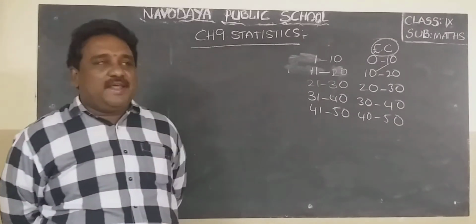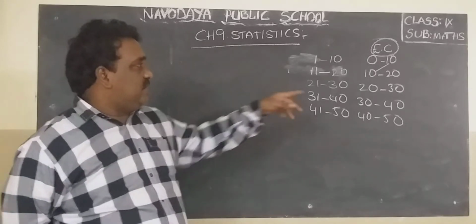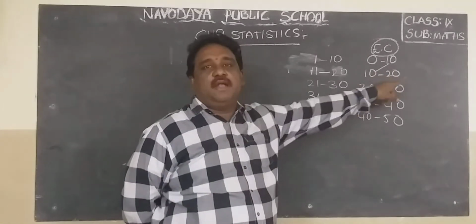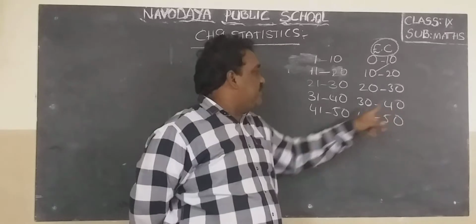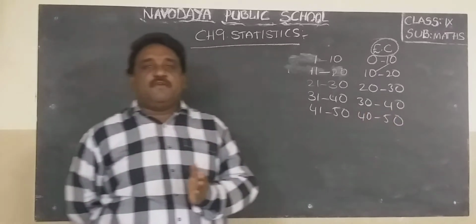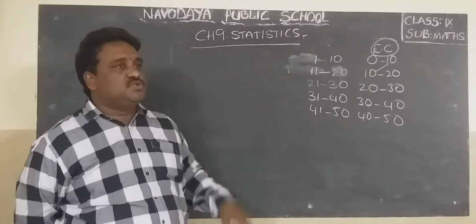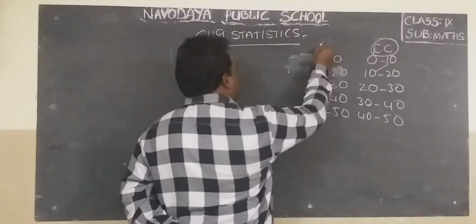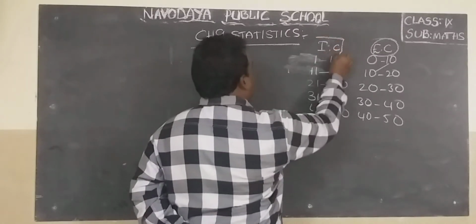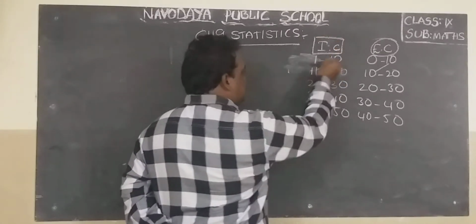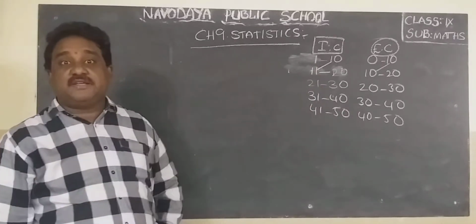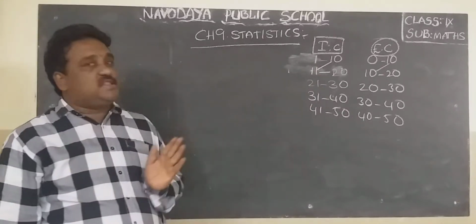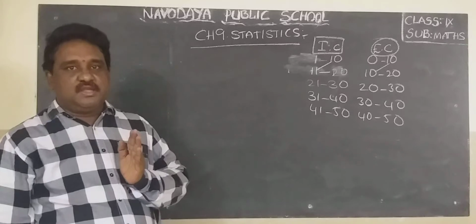If there is repetition, like 10 repeating, 20 repeating, 30 repeating, 40 repeating, such classes are known as exclusive classes. If there is no repetition, such classes are known as inclusive classes.